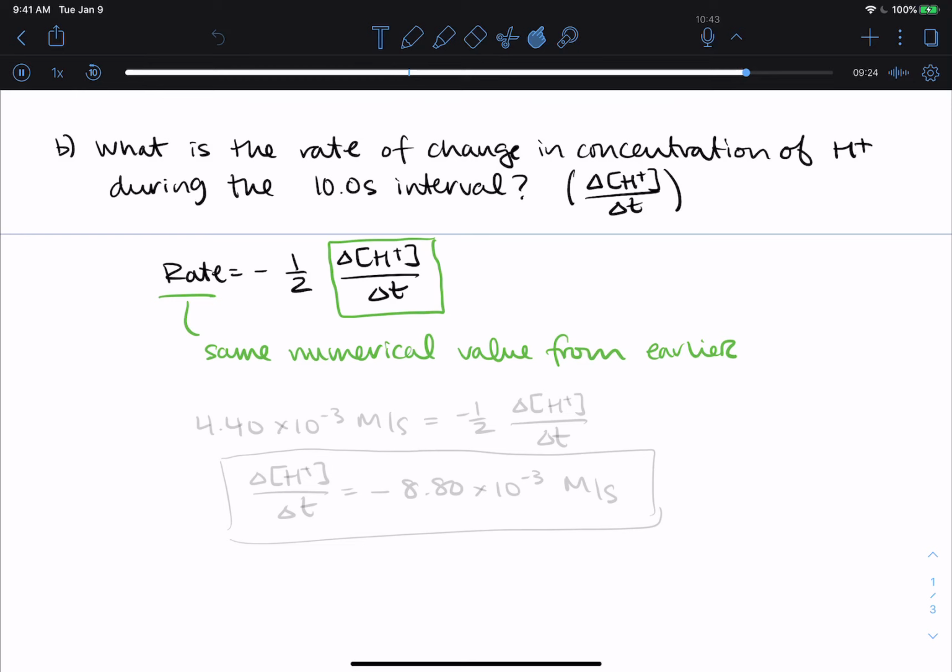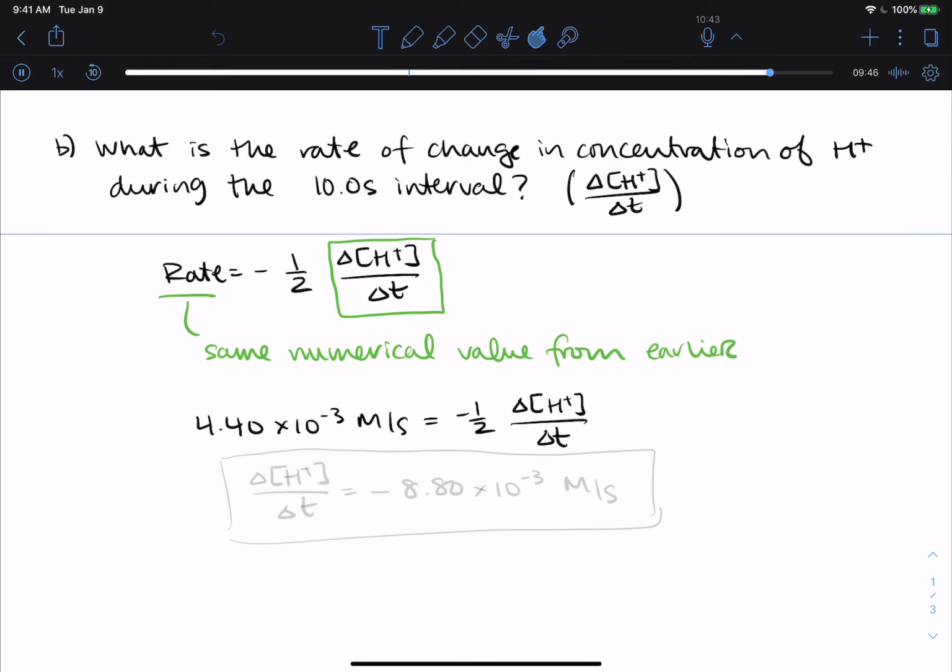So the things that we know that we can plug in, the rate value is 4.40 times 10 to the minus 3rd molarity per second. And now this is equal to negative 1/2 delta concentration of H plus over delta T.